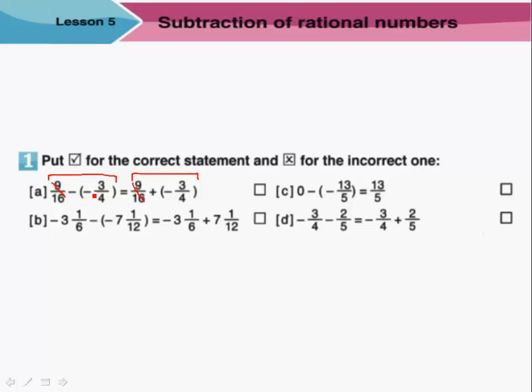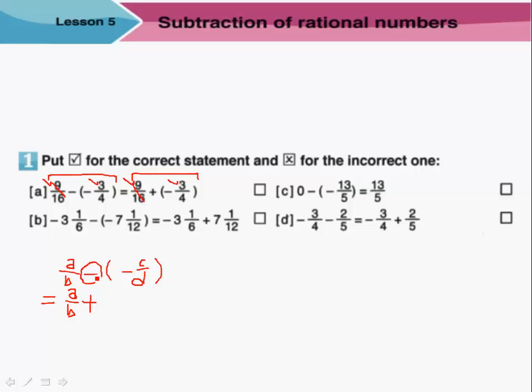Here we have minus, and between two brackets minus 3 over 4, and between the two here we have a plus. This one is minus 3 over 4. As I told you, ask yourself: if you have A over B minus, for example, minus C over D, I told you we have to change the minus to addition, to plus.